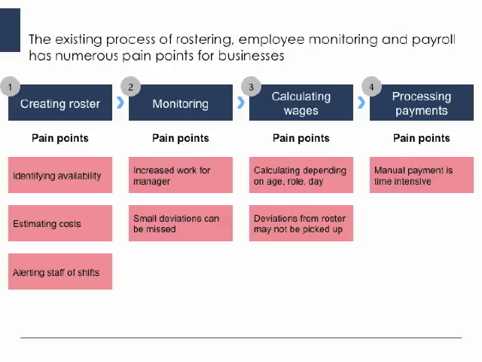And additionally, deviations from the roster may not be picked up, such as when someone works extra hours or if they had to leave home early for health reasons. Finally, if she's processing the payments manually, it is incredibly time intensive.